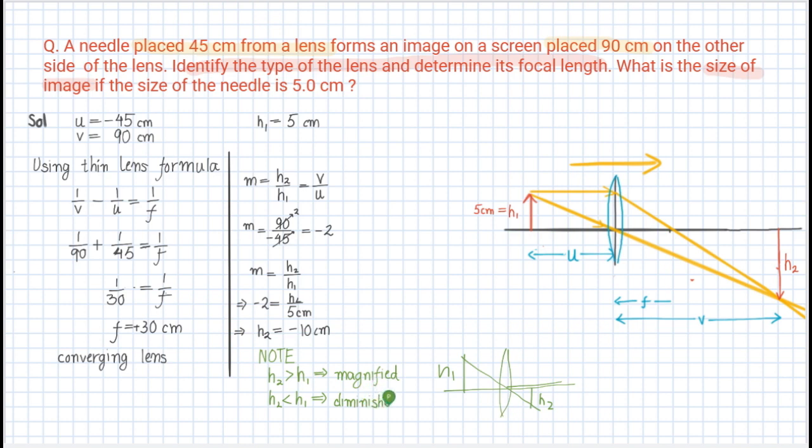Now, let's consider one more case. What happens where the image and the object are of the same size? That means h1 and h2 should be equal.